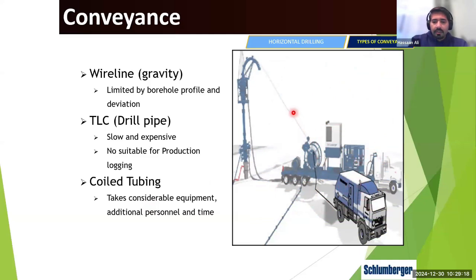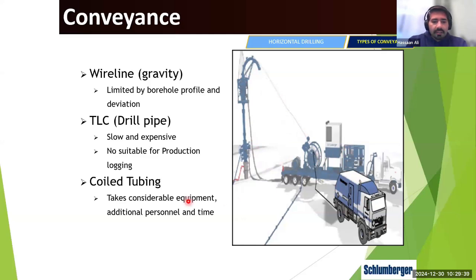The wireline unit is connected through the cable to the downhole tool, while the coil tubing unit is effectively pushing high pressure water to push that fluid to the depth you want. So coil tubing can be used to push to the depth you want as well.